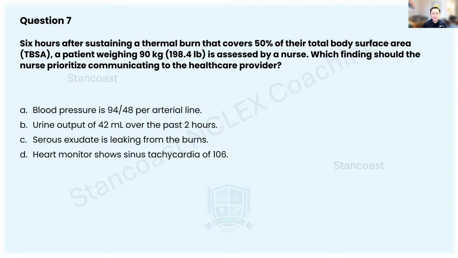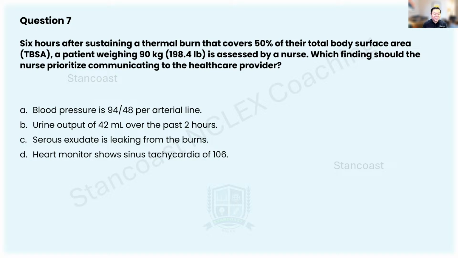What do you think about that? So you're answering letter B, urinary output of 42 mLs over the past 2 hours. So that's basically how many mLs per hour?